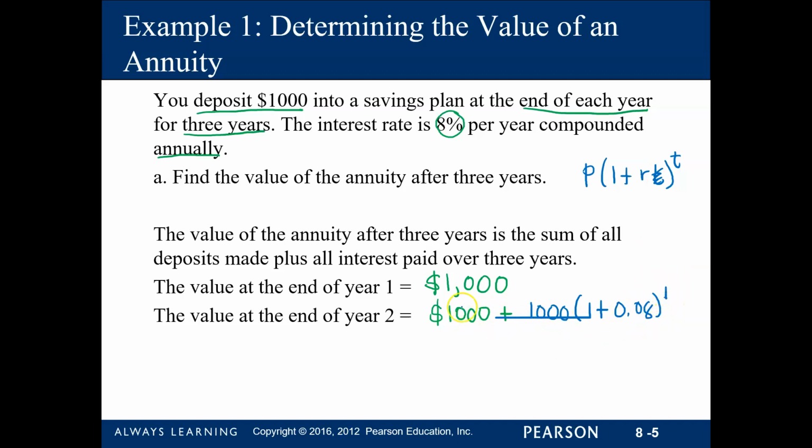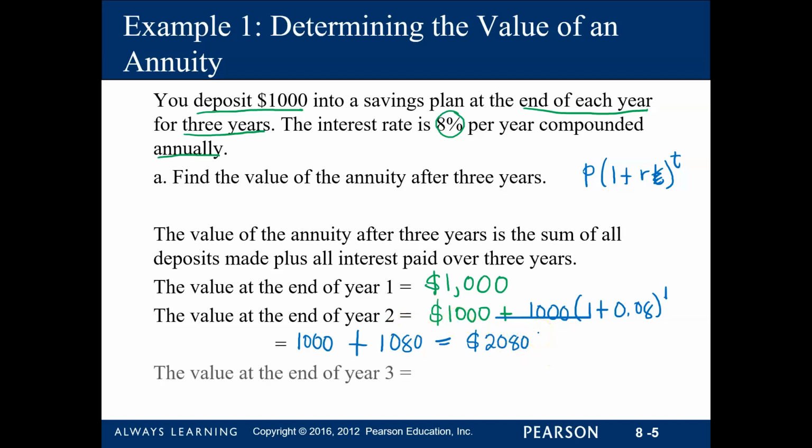So all in all, your money at the end of year 2 would be the deposit of $1,000 plus the money that earned here, which is going to be 1,080. So all in all, the deposit plus the earned interest on your money, you have a total of 2,080 at the end of year 2.